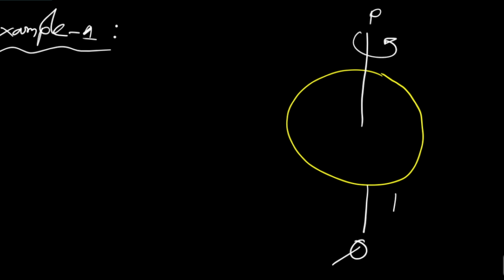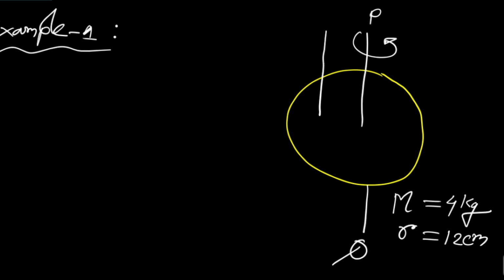The mass of the circular disc is 4 kg and the radius is 12 centimeters. Here there is also another rotational axis, and the name of this rotational axis is AB.